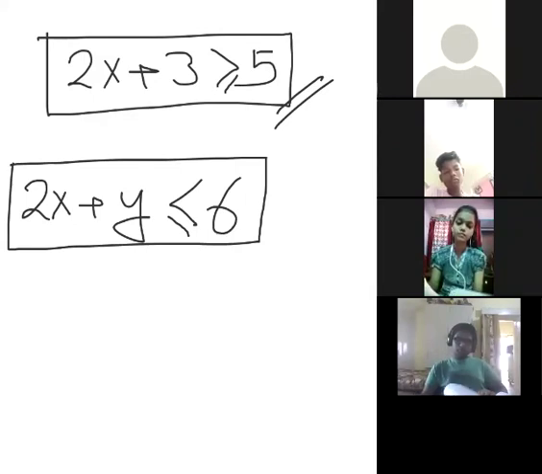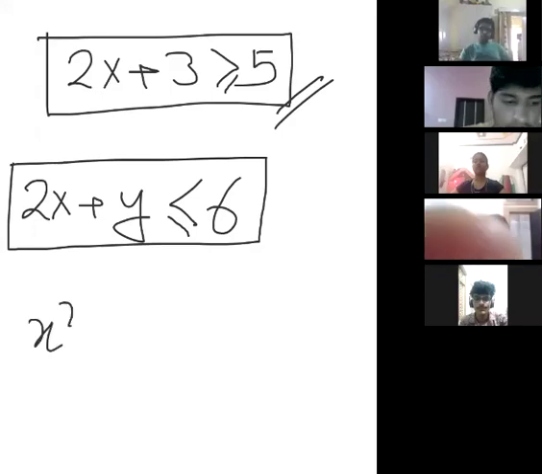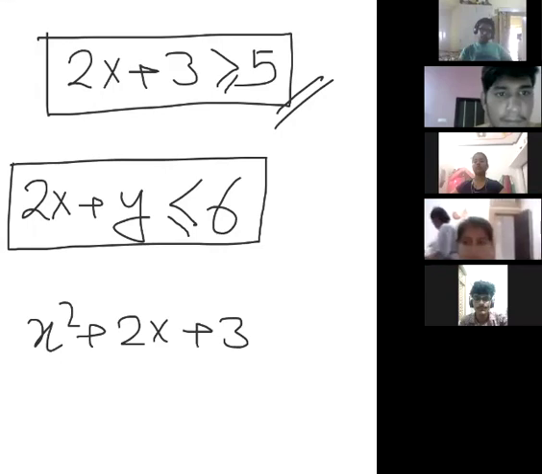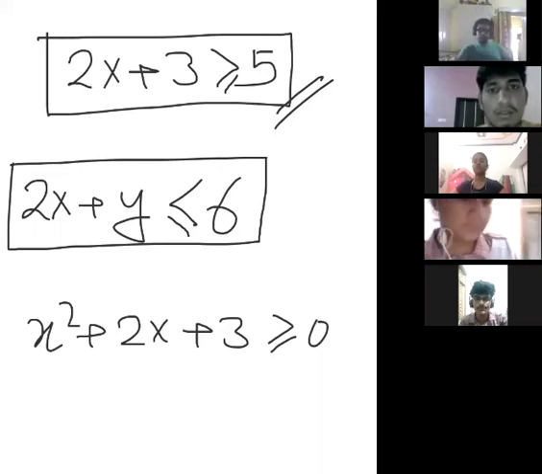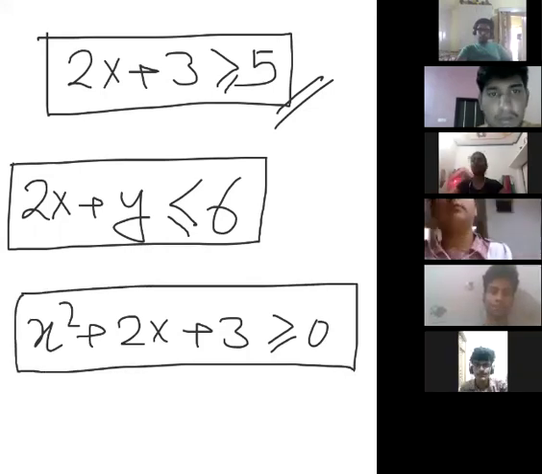Now we are going for a quadratic inequality. Quadratic inequality means x square plus 2x plus 3 is greater than or equal to 0. Then this situation is known as a quadratic inequality.